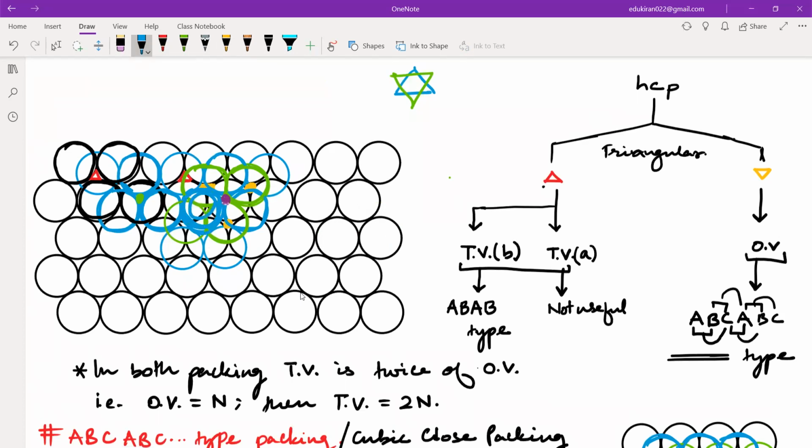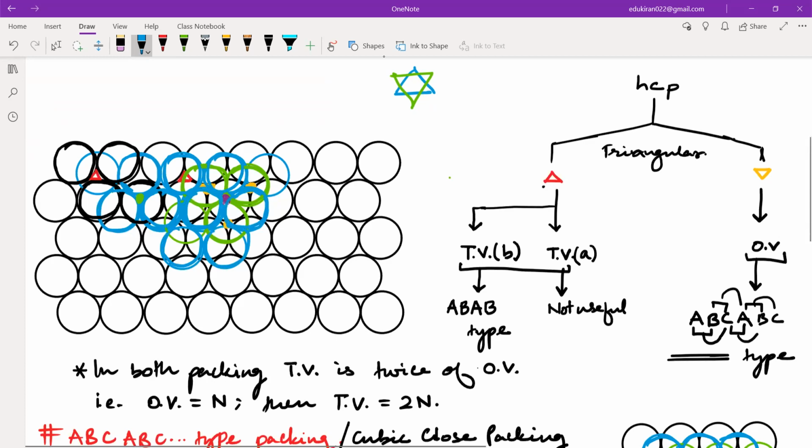All of you can see this blue atom, yes or no? Yes, sir. So this blue atom on its own layer is touching 6 blue atoms: 1, 2, 3, 4, 5, 6, correct?